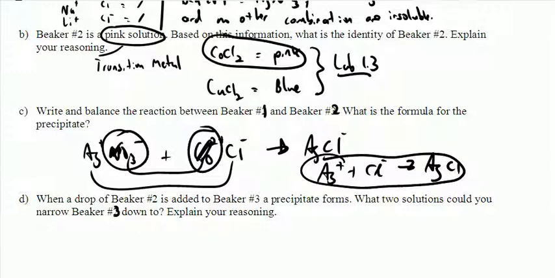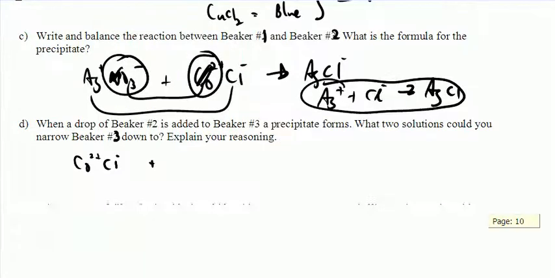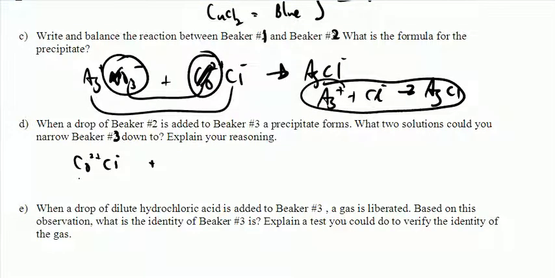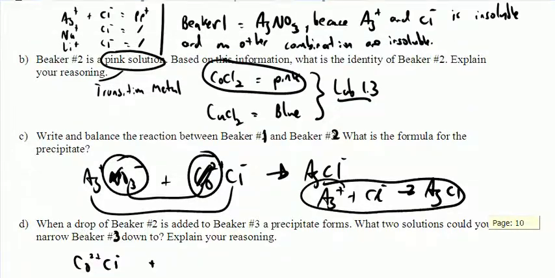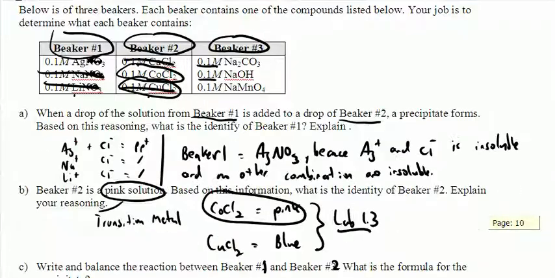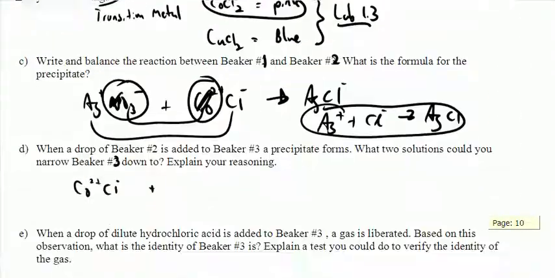Okay. When a drop of beaker 2 is added to beaker 3, so we know that beaker 2 is Co2+ and Cl-, and when it's added to beaker 3, a precipitate forms. What 2 solutions could you narrow down beaker 3 to? Okay, let's do it with the first one, sodium carbonate.